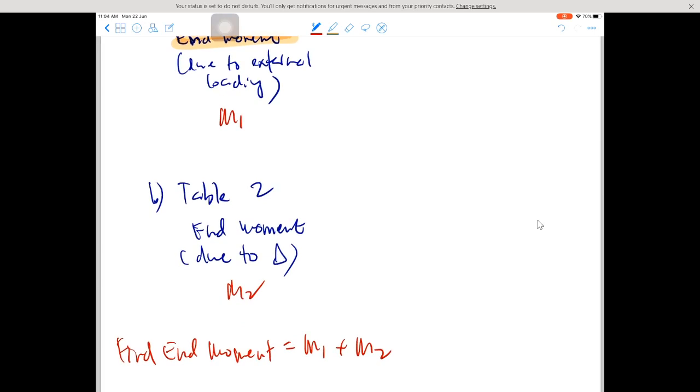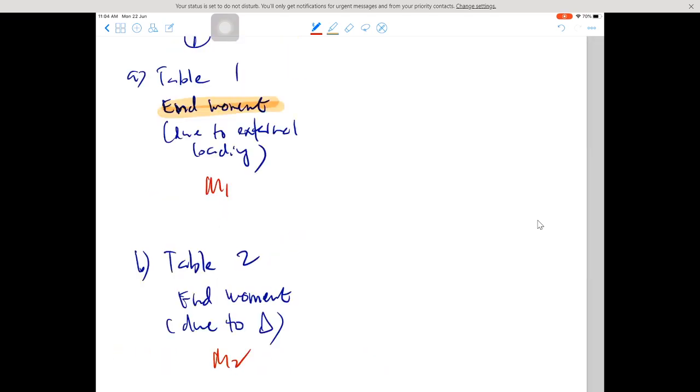So the answer is M1 plus M2 because when the settlement occurs, the external loading remains. We cannot remove the load. During settlement the loading is there, the settlement is there, so it is a combination.